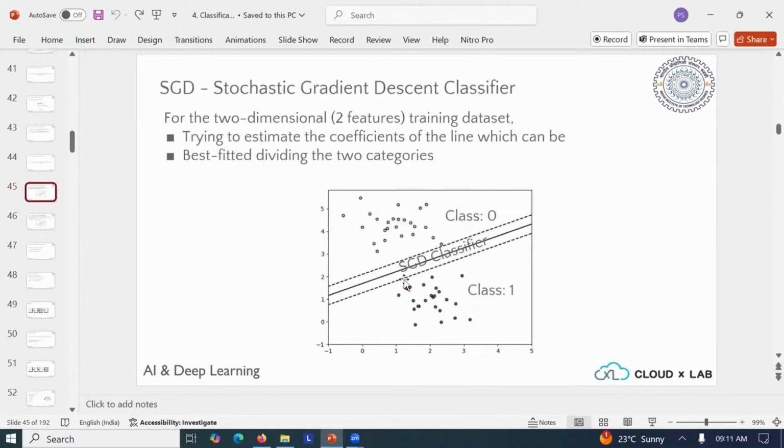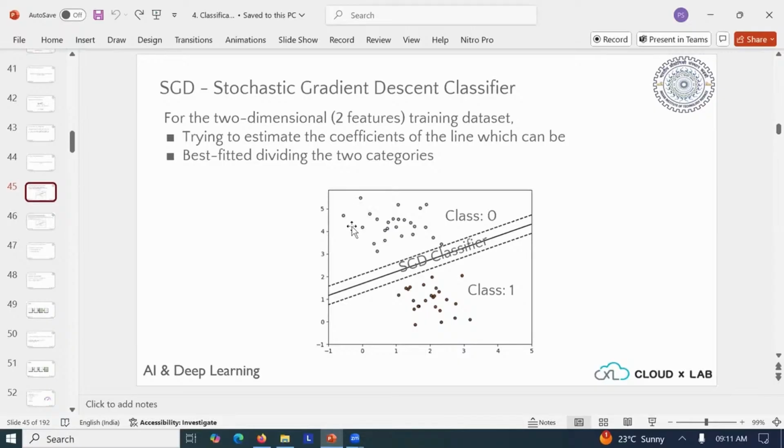Suppose I shift this line in the upward direction, and the same model is saying class 0, which means the probability of the point being class 0 is now very high, right? So some class 0 points will be classified as class 1, but if the model is saying class 0, then the probability of the model being correct is very high.